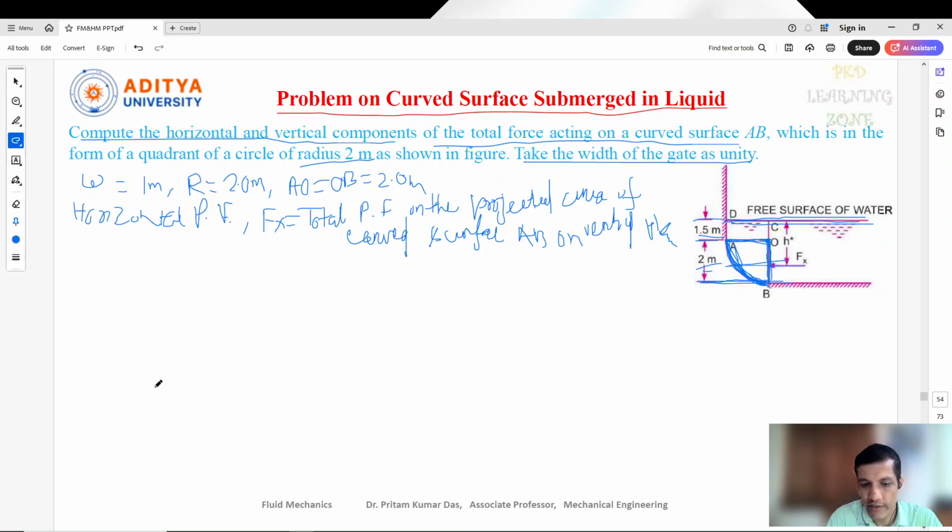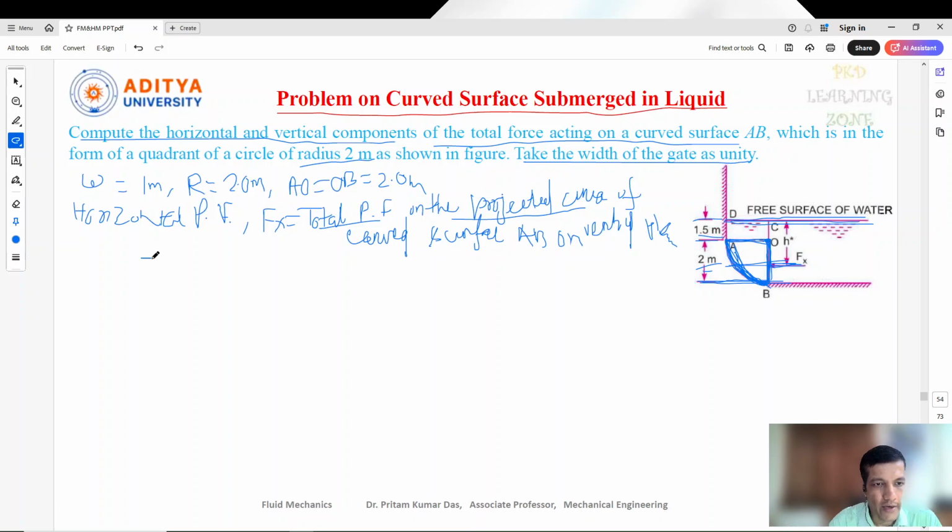This is the total horizontal force on the projected curved area, the curved surface AB on a vertical plane, and that is nothing but OB.